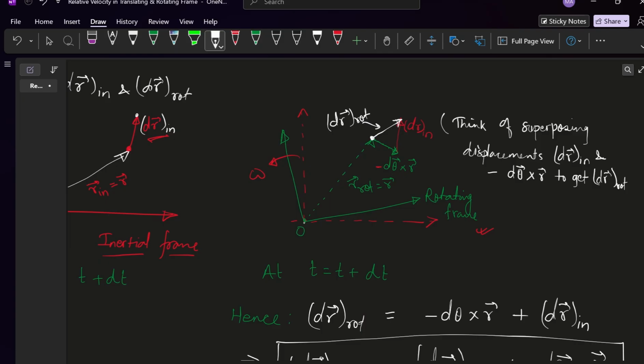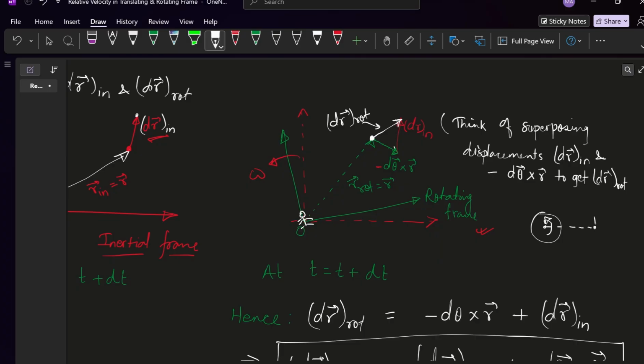So this observer is going to see that the elementary displacement of this particle in time interval dt will be in the opposite direction, right? Because if this guy is going in this direction, he will see that this particle is going in the opposite direction. You can feel, for example, you are at the center of the disk. There is another particle here and the disk is rotating in this direction, right?